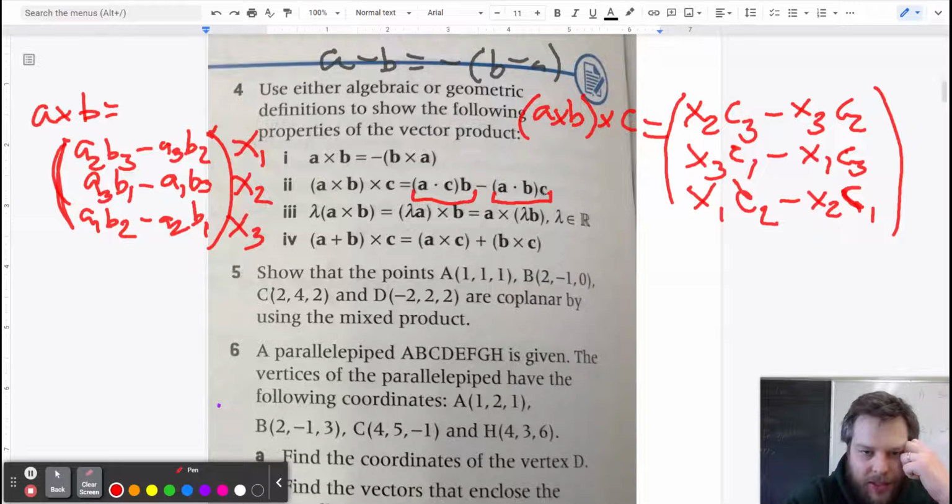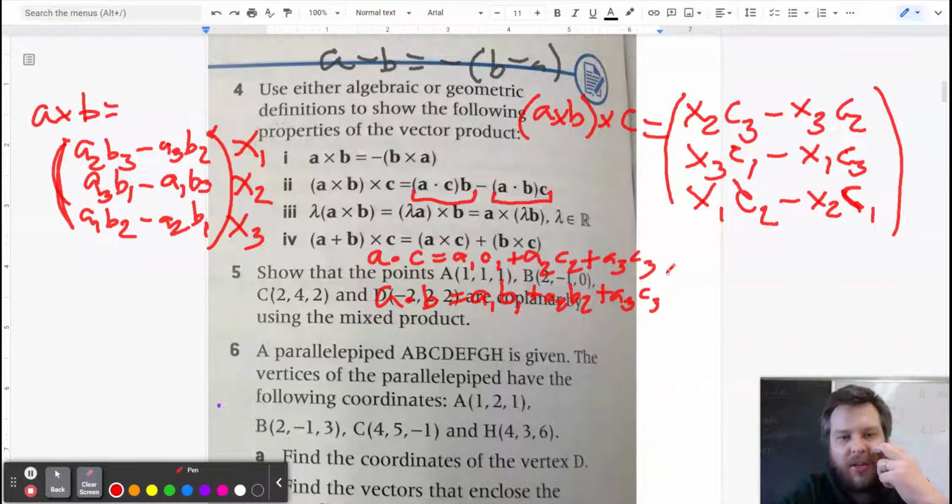And so it might be a good idea just to remind ourselves that A dot C is going to be A1 C1 plus A2 C2 plus A3 C3, and A dot B is going to be A1 B1 plus A2 B2 plus A3 B3. And the A dot C is going to be multiplied by each of the components of B, and the A dot B is going to be multiplied by each of the components of C. So let's see if it pops out that way.